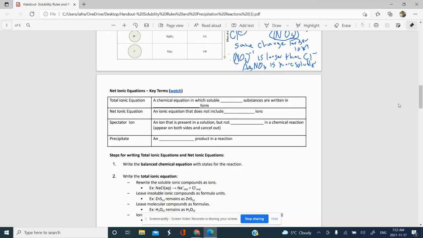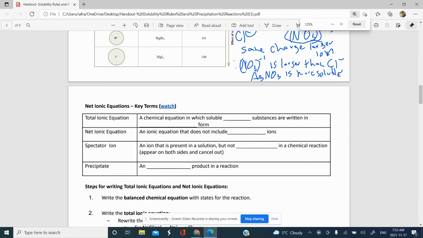So let's go to our handout here. So we have total ionic equation, a chemical equation in which soluble ionic and strong acid (SA) substances are written in their dissociated or ionized form.